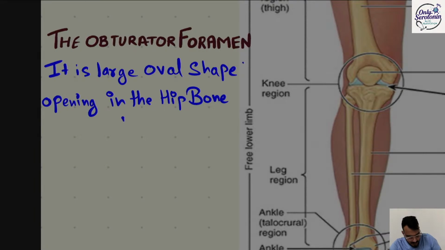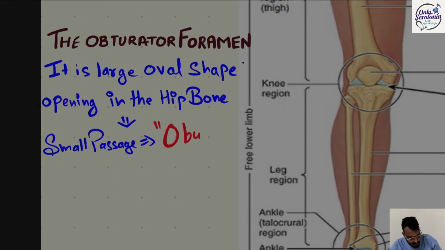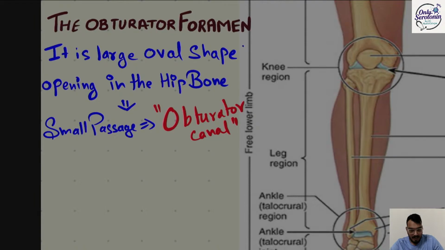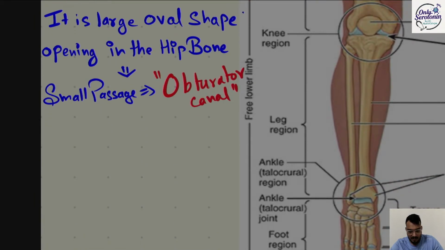And this opening has a small passage, a very important term which you should know. This small passage is known as the obturator canal. Why is this obturator canal important? Because intestines can come out from this canal also, and that kind of hernia is known as obturator hernia, which we are going to discuss in the last.